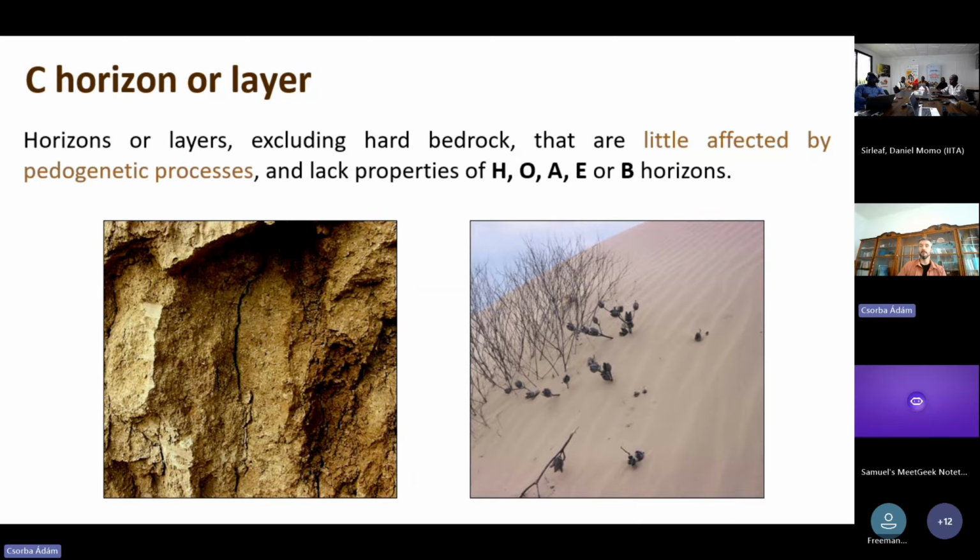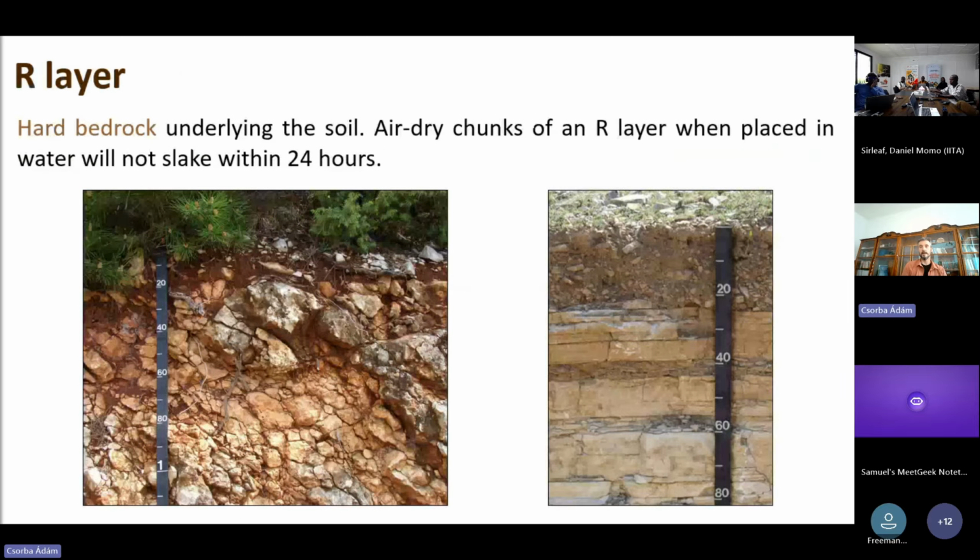In contrast, the R layers denote the hard bedrock underlying the soil. It is different from the C horizons because C horizons are unconsolidated or just weakly altered material, while the R layers are continuous hard rocks.